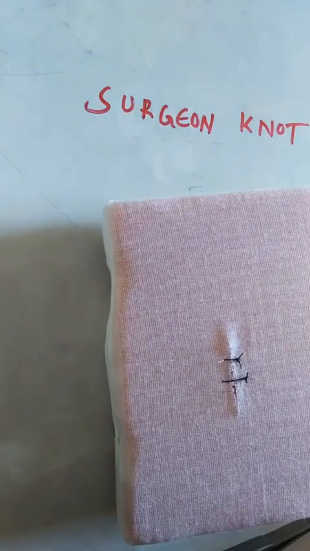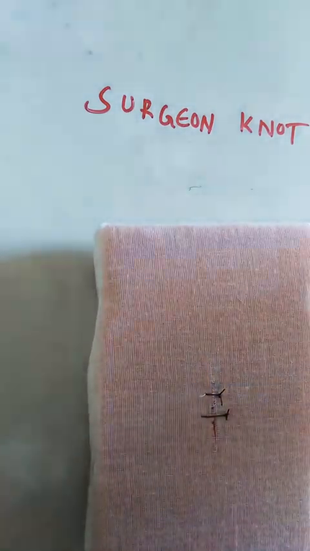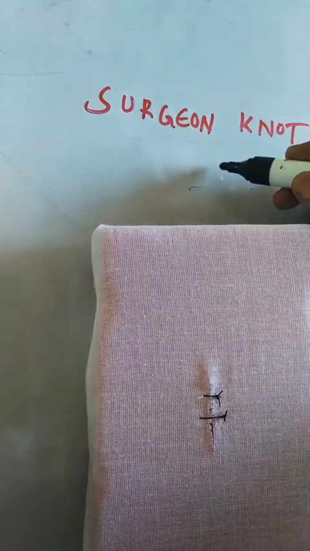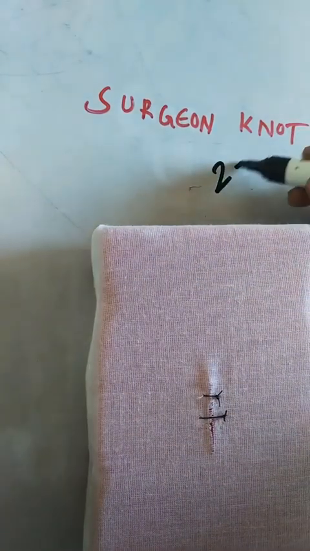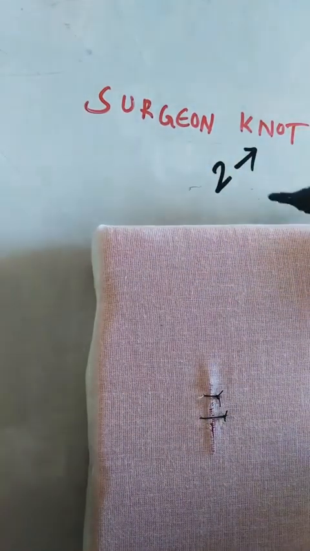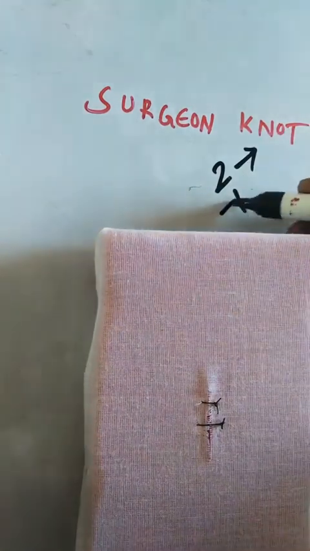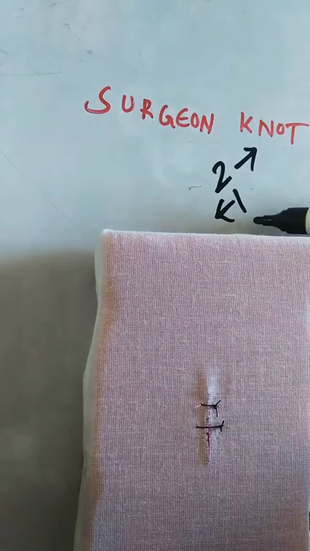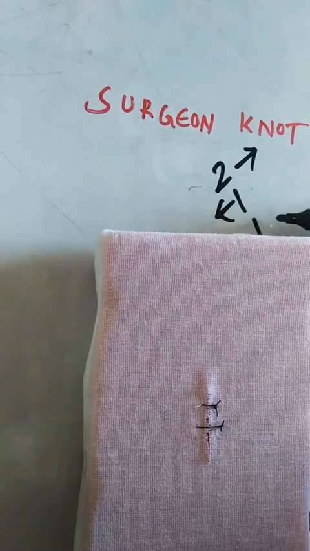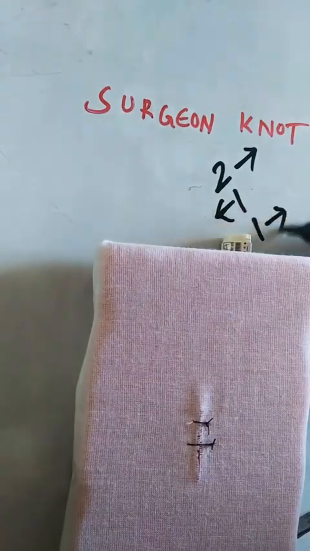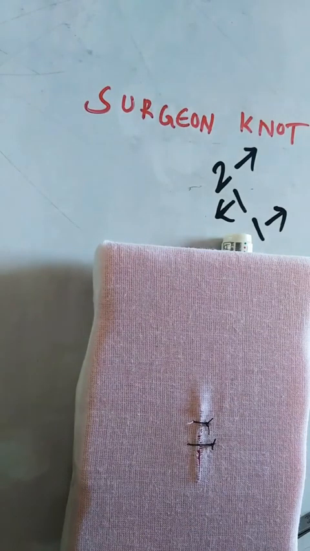For understanding purposes you can write it like this. The first tie is of 2 throws in clockwise direction, the second tie is of 1 throw in anti-clockwise direction, and the third tie is again 1 throw in clockwise direction. This is the surgeon's knot.